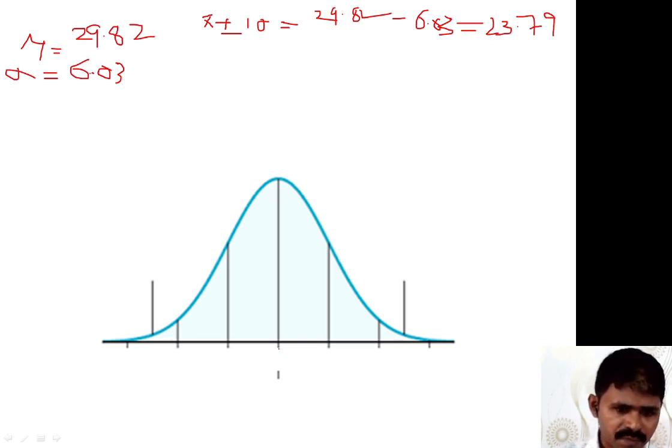So in the normal curve, this is the mean, 29.82, and if you subtract 1 standard deviation from the mean, the value comes as 23.79 hours.